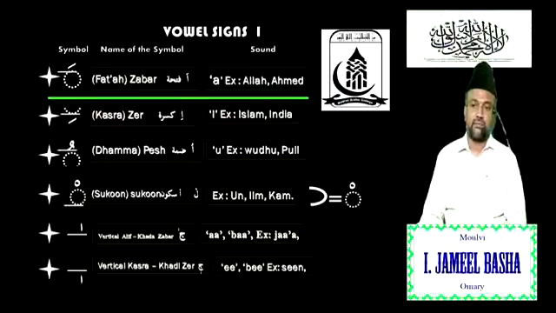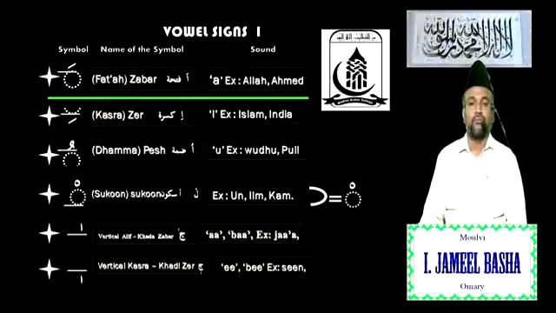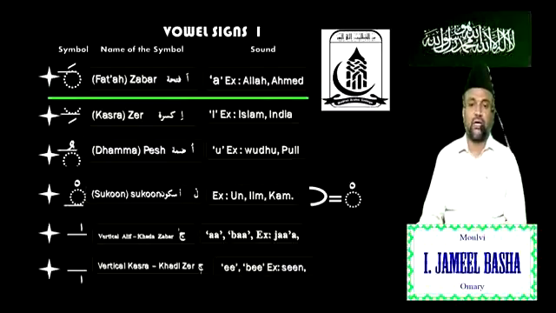These consonants, if they are having these vowel signs above or below, then they produce a particular sound. Now this sign, in Arabic it is called Fataha. It gives a sound of A.